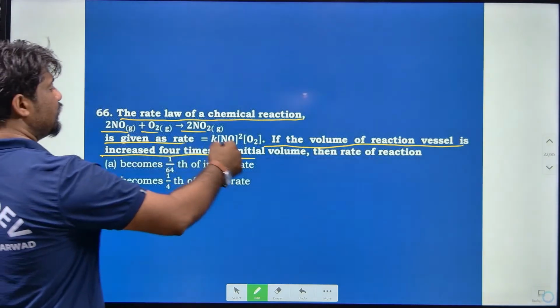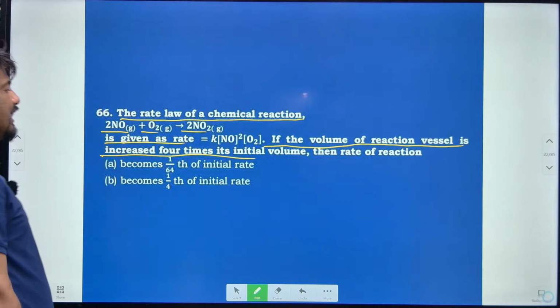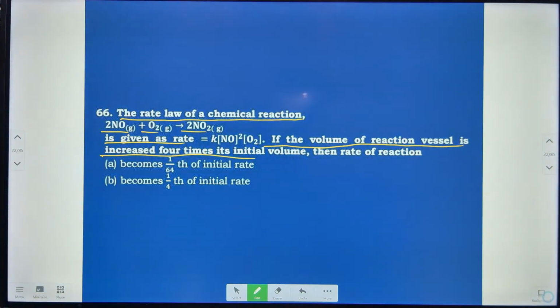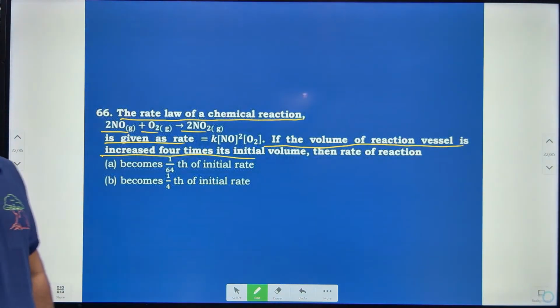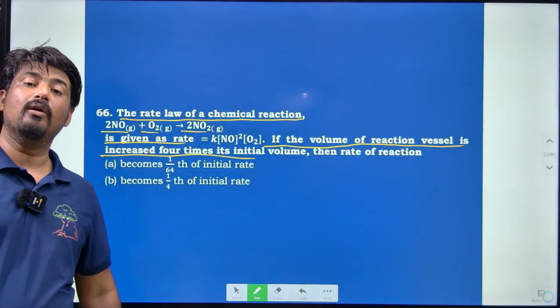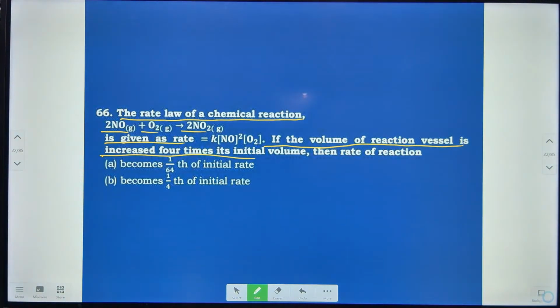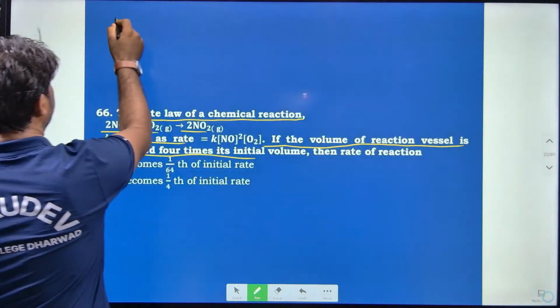See, if the volume of the reaction is increased by 4 times its initial value, then what about the concentration? It is decreased by 4 times.